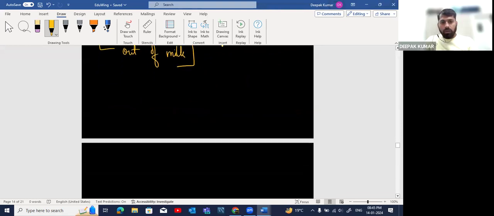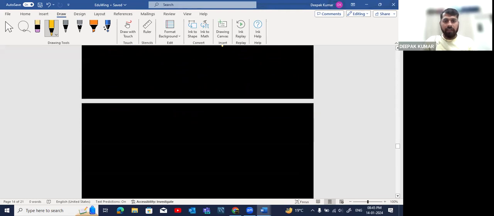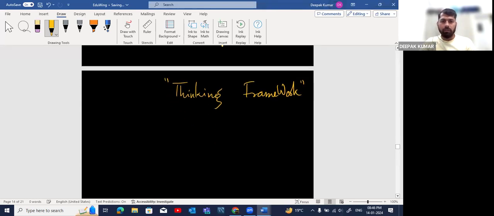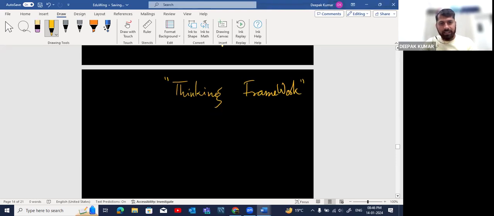So if we start, I'll start with the thinking framework, because whatever we are creating, the framework or the pipeline should be clear. Thinking framework means you must have the data.